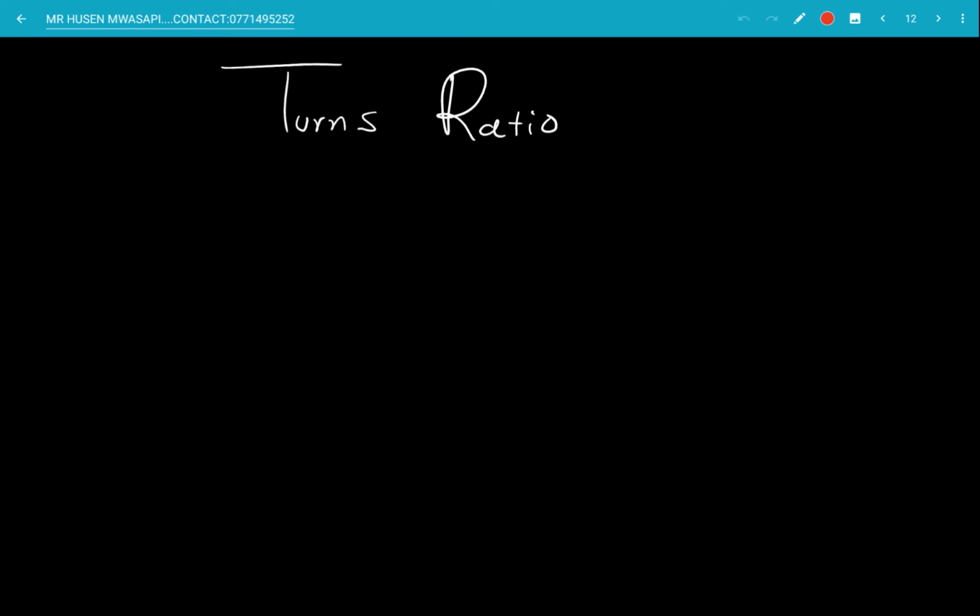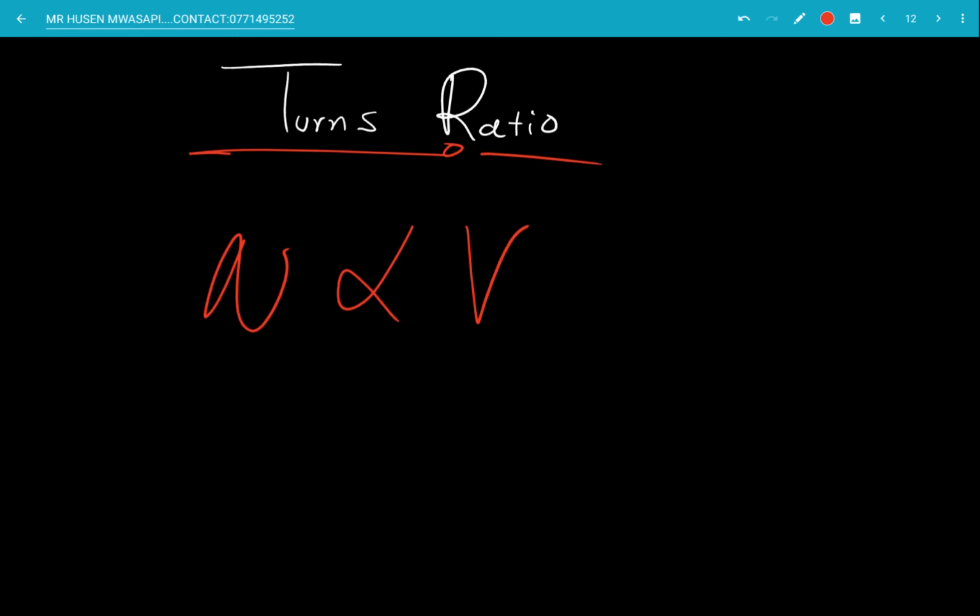Now that we know that, let us look at what we call a turns ratio. A turns ratio is simple and straightforward. It's one of my favorite ratios that we have in science. Now, remember, the number of turns is directly proportional to the voltage.